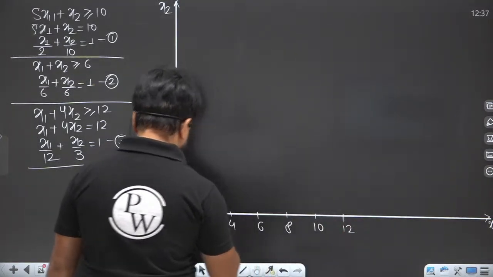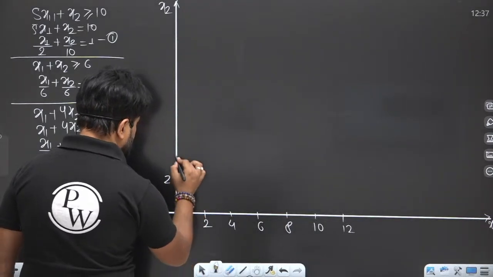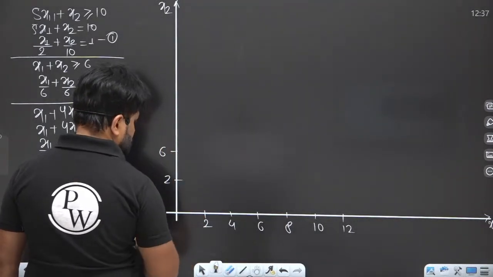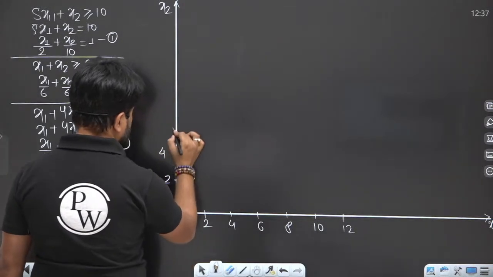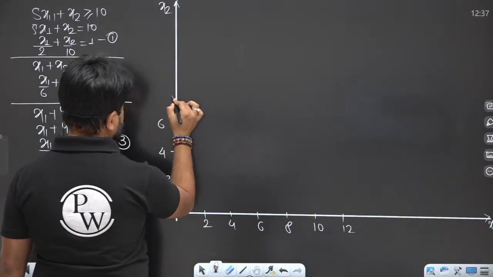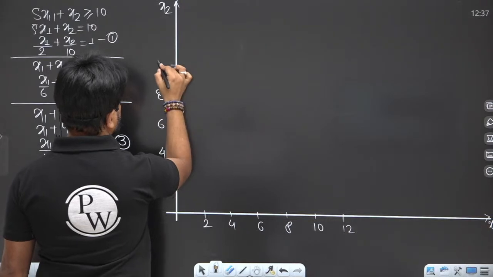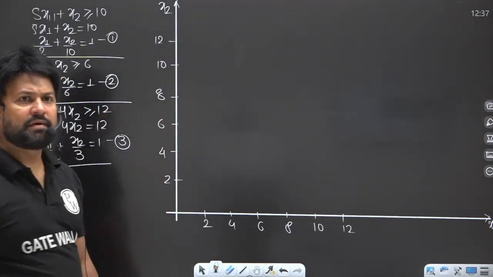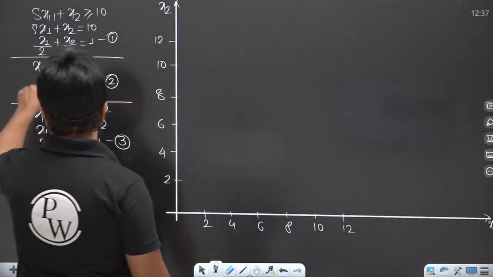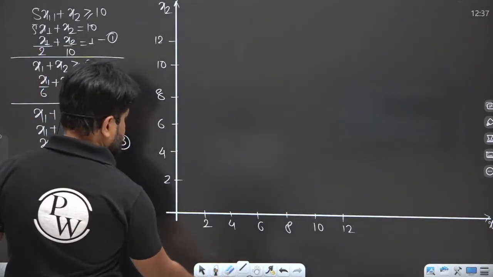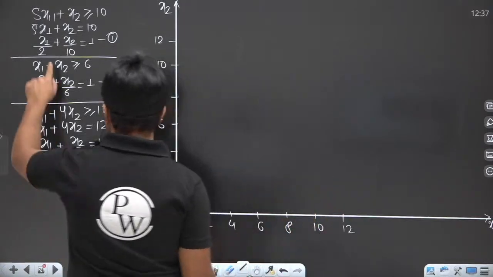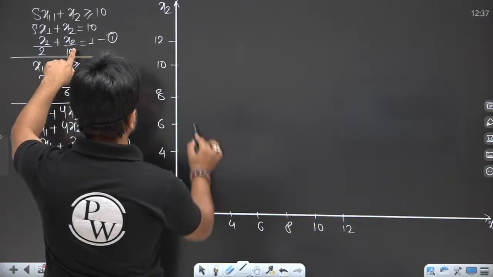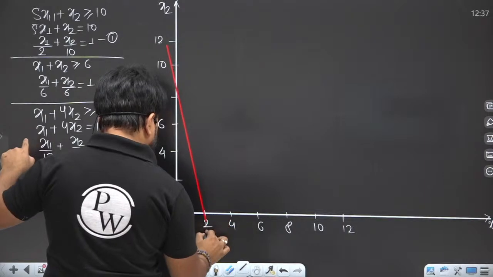Similarly here 2, 4, 6, 8, 10 and 12, right? Now see, at x1 equals 2 and x2 equals 10, this will be the line.